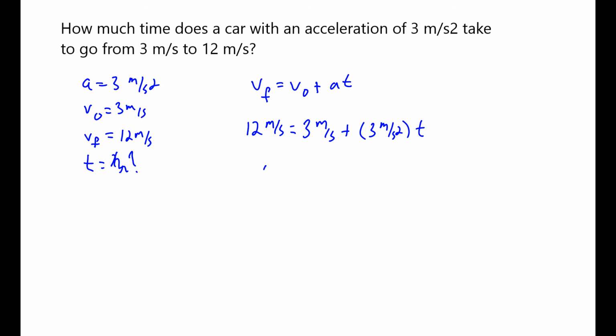So we do that math. What do we get for time? 3 seconds. So that's our answer. We take 12 minus 3, which gives us 9, divided by 3 gives us 3. Any questions on that one?